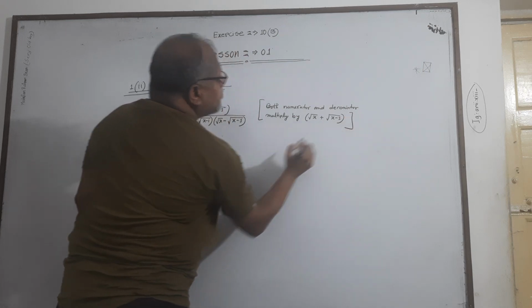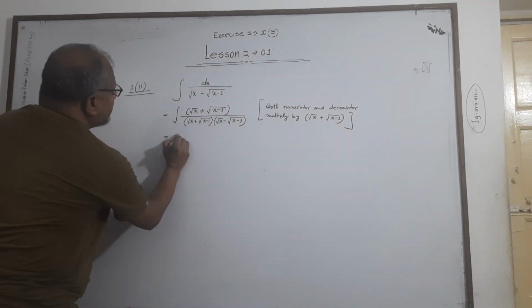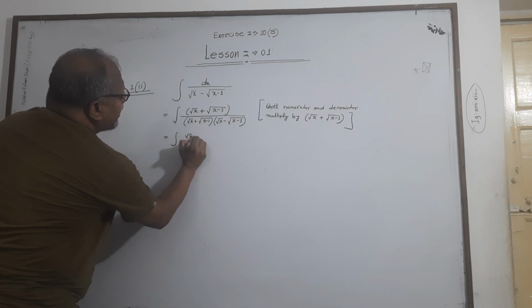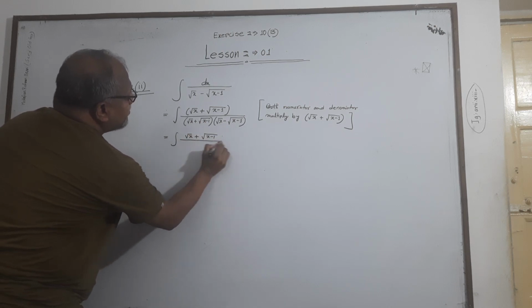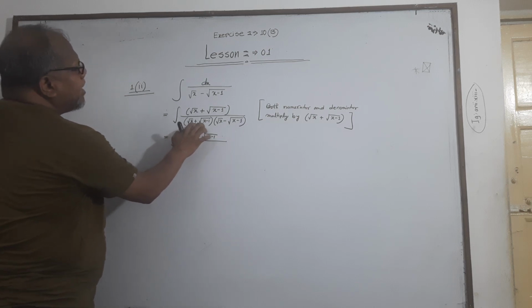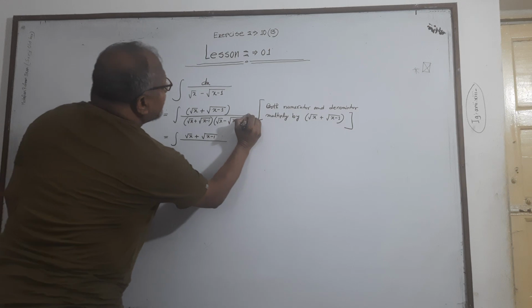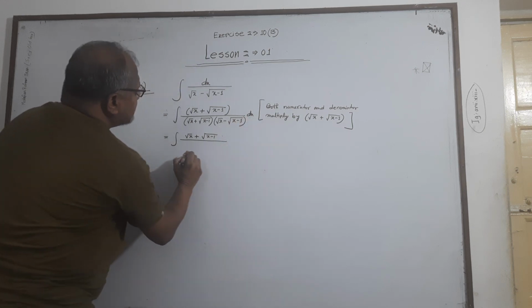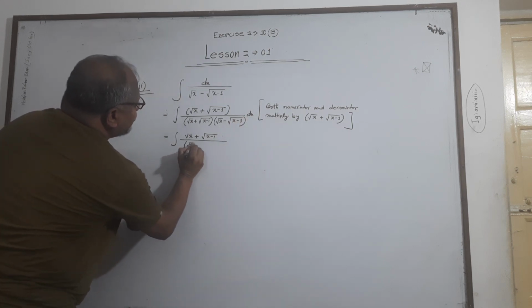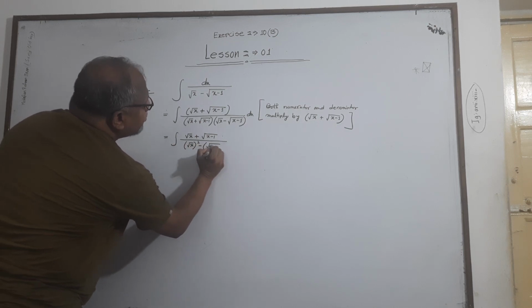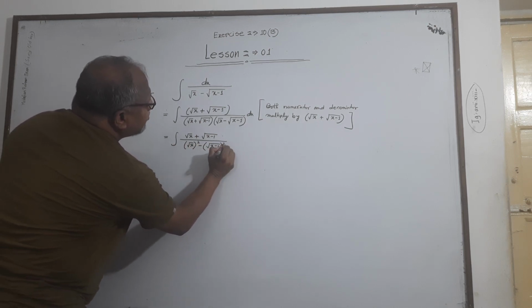And here the bracket is closed. So here root x plus root x minus 1 divided by, this is a plus b into a minus b. Here I forgot to write dx. So root x whole square minus root x minus 1 whole square into dx.